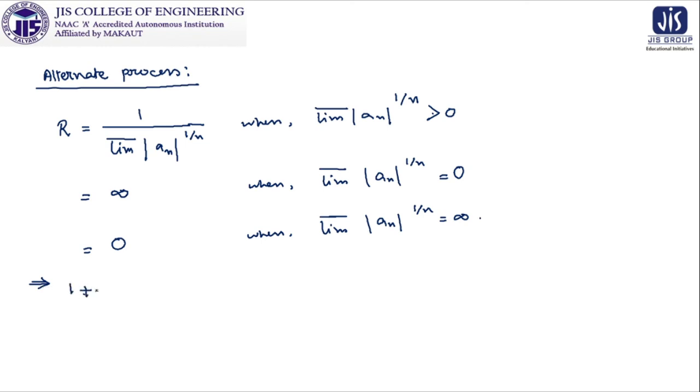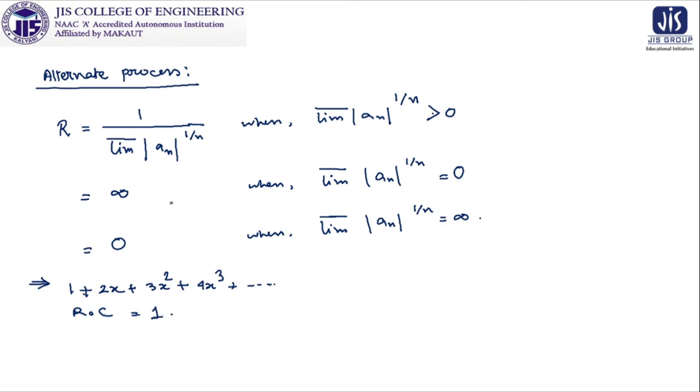Suppose the first series is 1 plus 2x plus 3x squared plus 4x cubed plus dot dot dot. Already we got the radius of convergence for this series is 1.